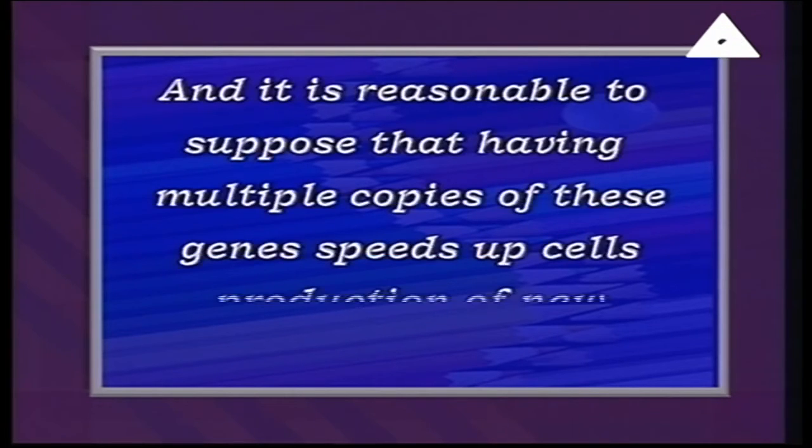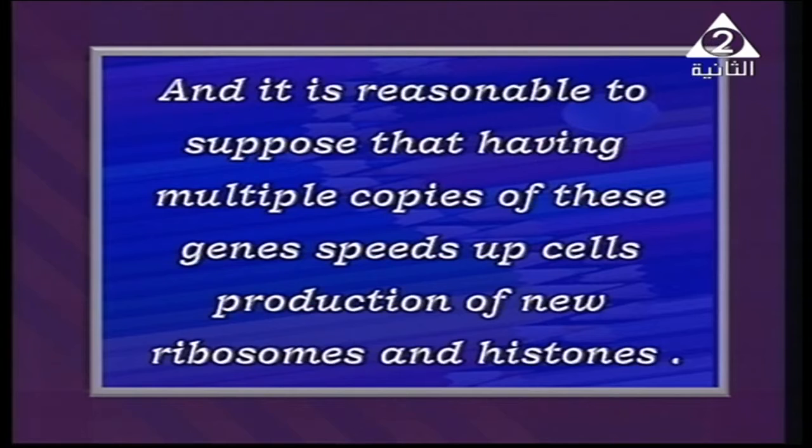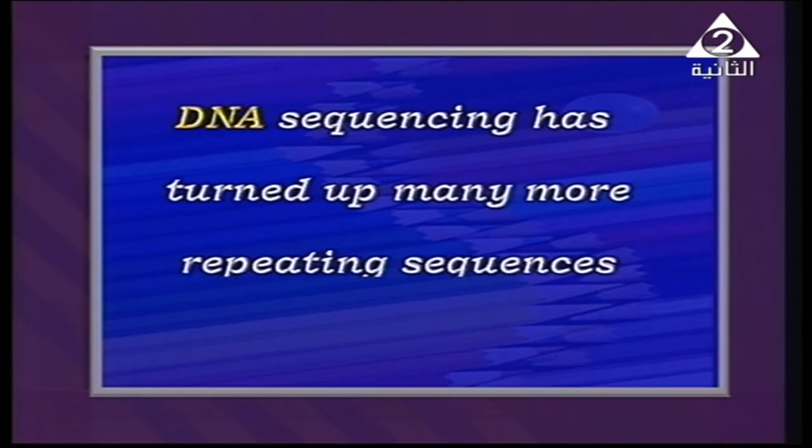It is logical to suppose that having multiple copies of these genes acts as a catalyst, to increase the speed of the cell's production of new ribosomes and histones. This is one of the main functions of repetitive DNA.